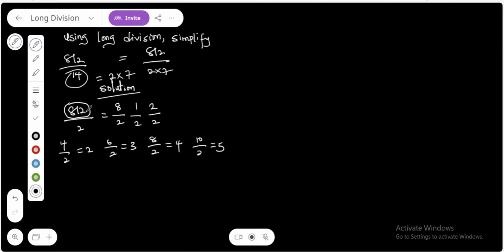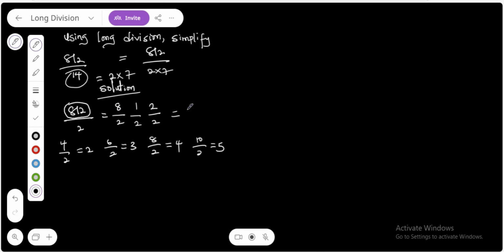So what have I done? I've split this 3-digit number into a single digit division, 8 dividing divisor 2, 1 dividing divisor 2, 2 also dividing the divisor 2.